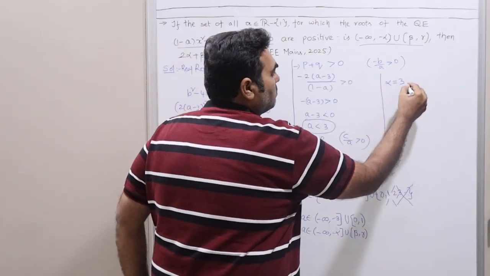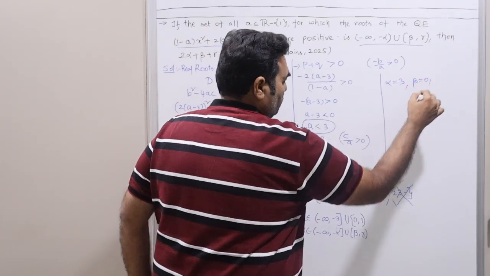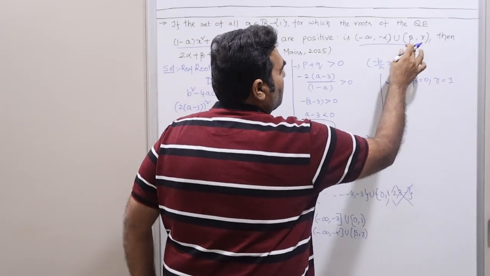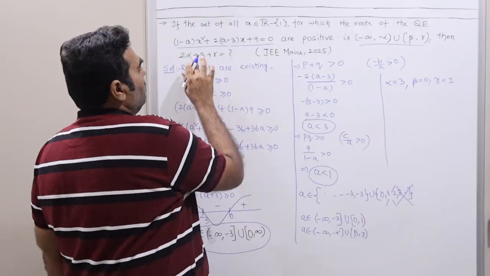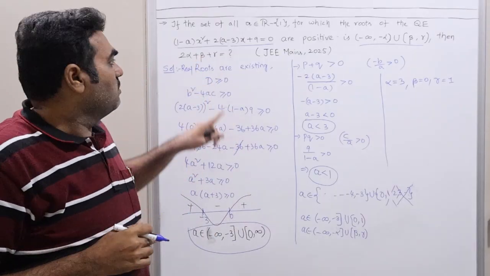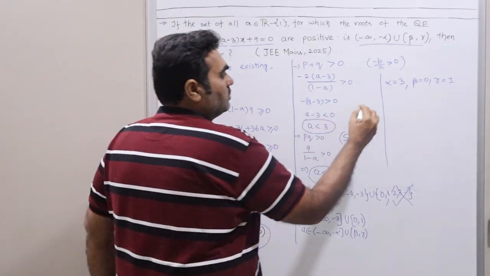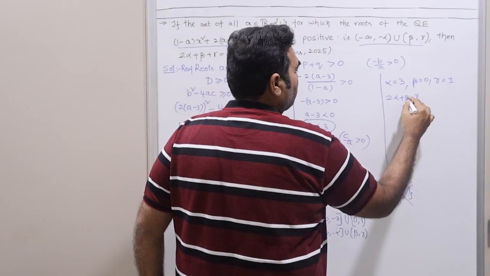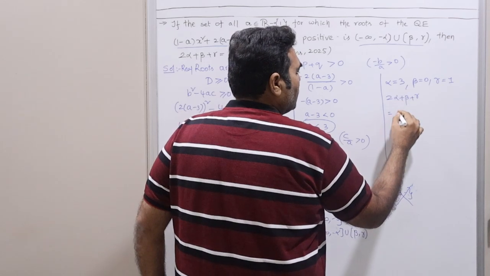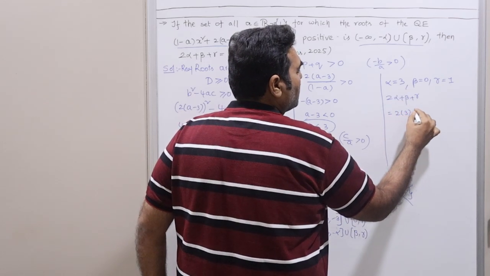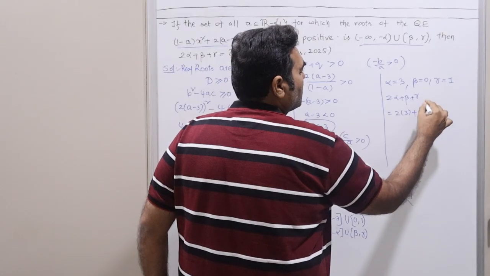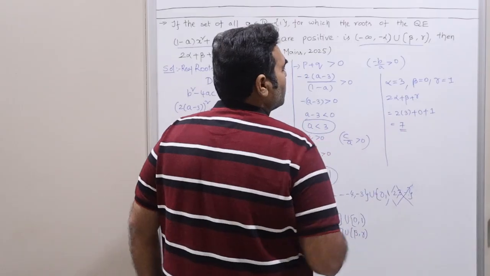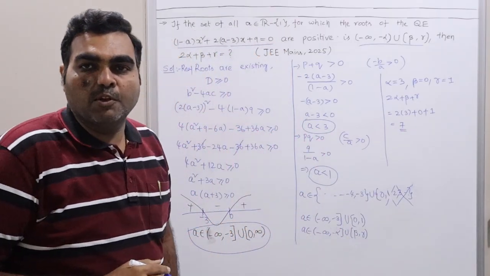Beta is equal to 0, and gamma is equal to 1. So after comparison, we got this. Now he asked to write 2 alpha plus beta plus gamma. So alpha is 3, 2 into 3 plus beta 0 plus gamma 1. This is equal to 6 plus 1, 7. This is the answer. I hope you got it.